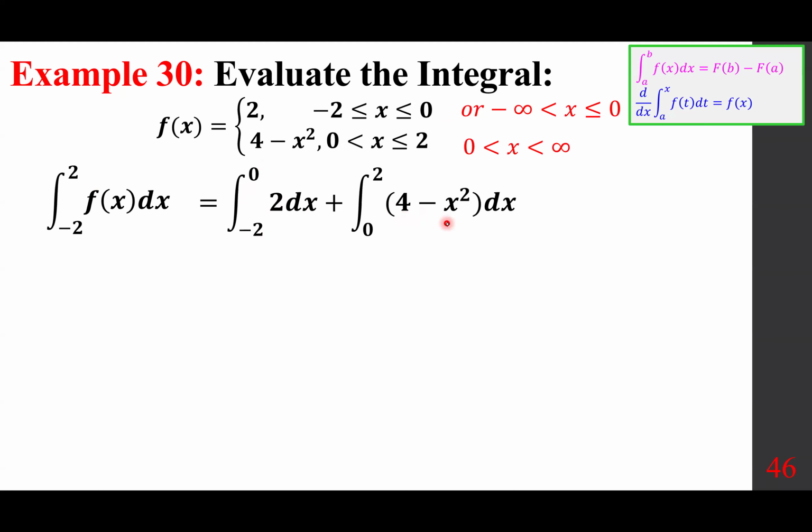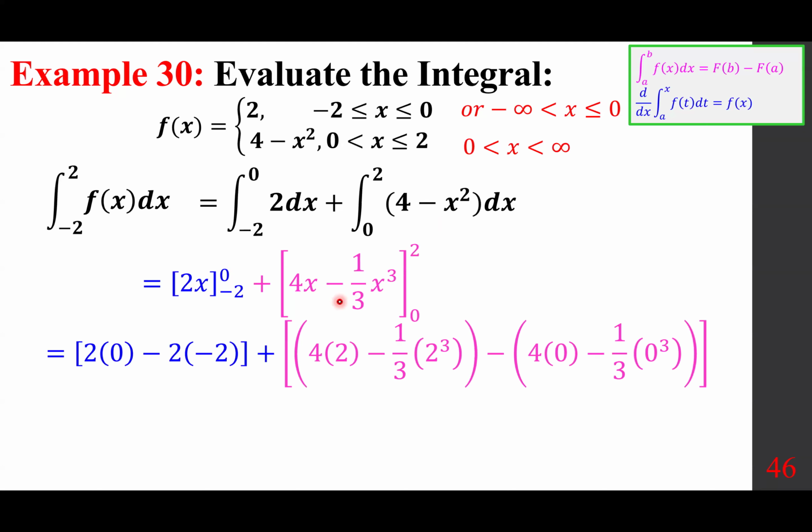This one you get 4x minus 1/3 x cubed from 0 to 2. So those should be easy evaluations. So plug in 0 and then plug in negative 2, plug in 2 and then 0.